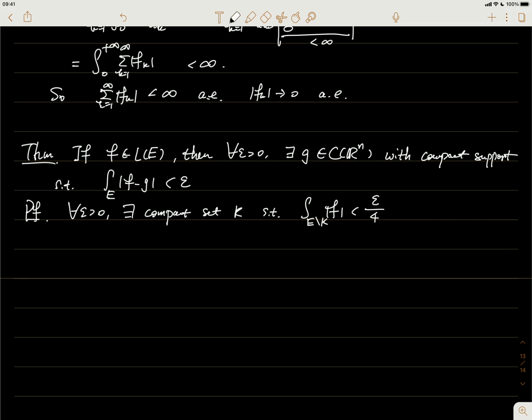And now let's continue with this setup. Outside of the compact set k, the function has an integral bounded by epsilon over 4.